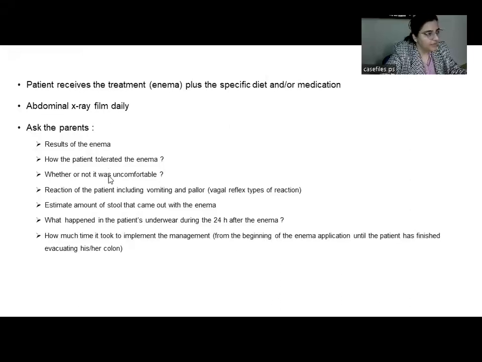How is the patient tolerating the enema, was it too uncomfortable, and was the child having symptoms like vomiting or vagal reflex symptoms? What is the amount of stool coming post the enema application, and what happened after enema application? That is, was the patient clean for the next 24 hours or not? And how much time does it take to implement the management?